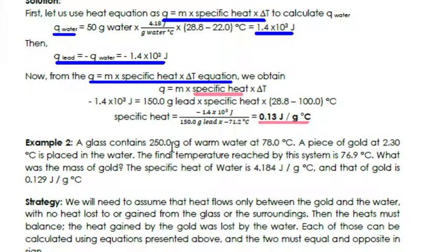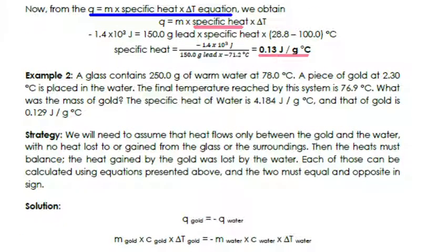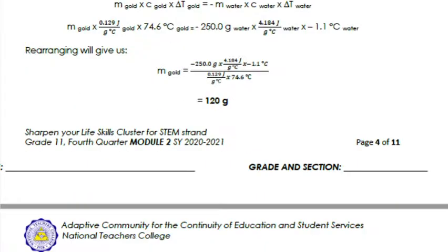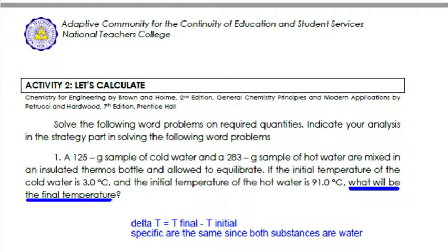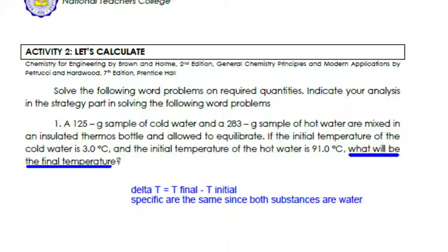And same goes with example number 2, but this time you are asked for the mass of the gold. Analyze, understand the problem, the example, for you to be able to answer activity 2. But I have put in number 1 a tip on how you will compute for the required.